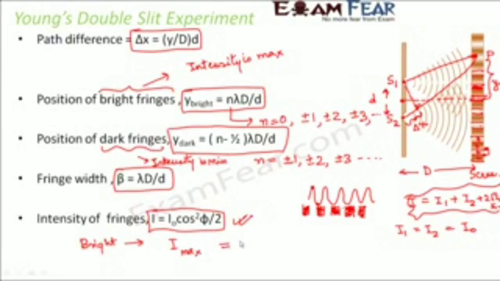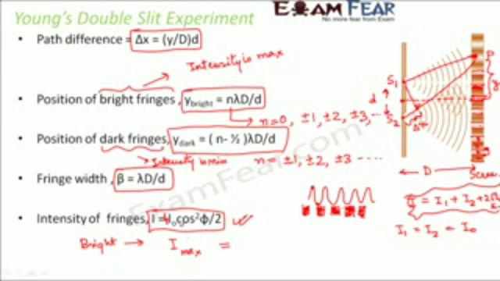The value of intensity would be maximum when cos square phi by 2 is equal to 1. One more thing here, I think I have missed 4. So this would be I is equal to 4 I0 cos square phi by 2.